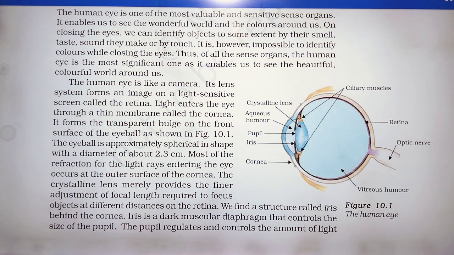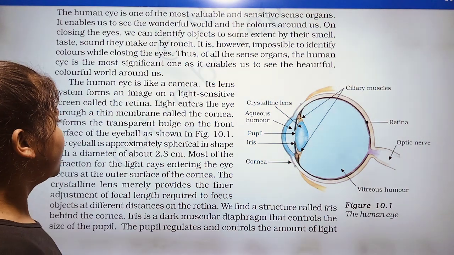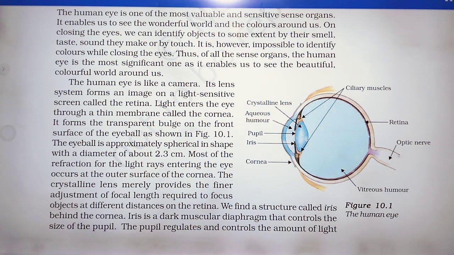The eyeball is approximately spherical in shape, with a diameter of about 2.3 centimeters. Now most of the refraction for the light rays entering the eye occurs at the outer surface of the cornea.